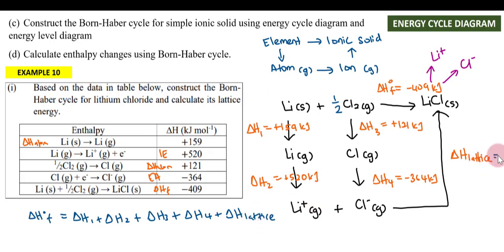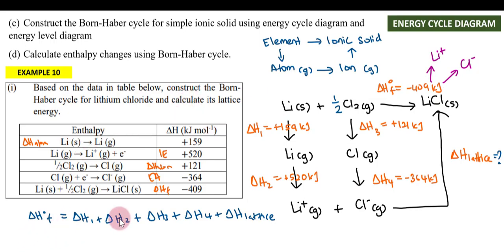This one we want to find its value. Why I said it is an application of Hess's law is because this one is one step, and then we have another route that will give us several steps. So the enthalpy of formation is equal to the summation of these enthalpies.